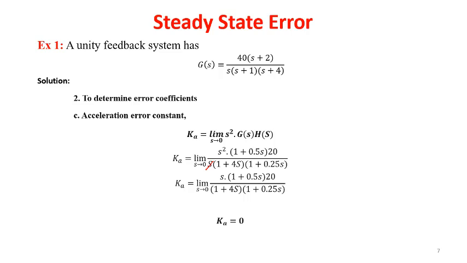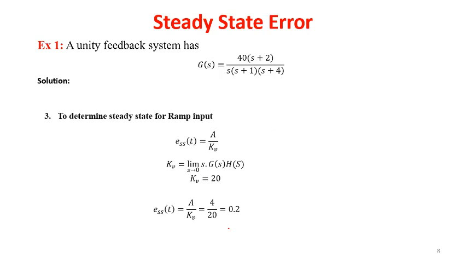In the denominator we have s, so one s gets cancelled, remaining with s (1 plus 0.5s) into 20 divided by (1 plus 4s)(1 plus 0.25s). As s tends to 0, the whole numerator is 0, so 0 divided by 1 gives 0. Hence the acceleration constant Ka will be equal to 0.